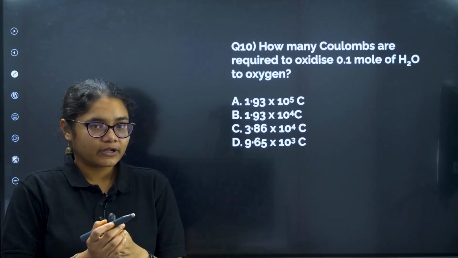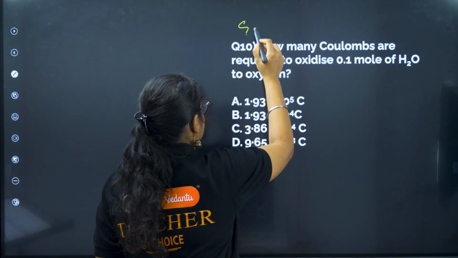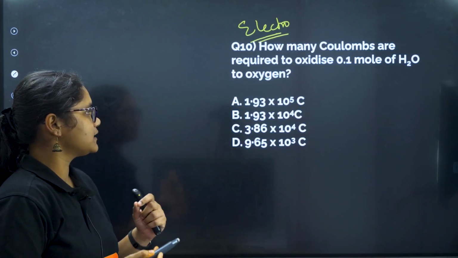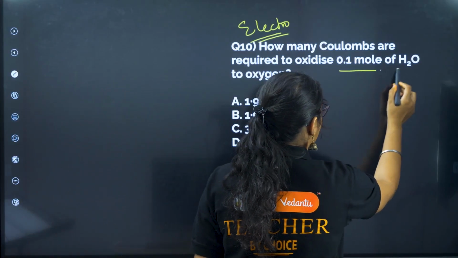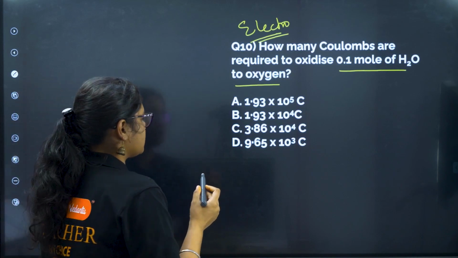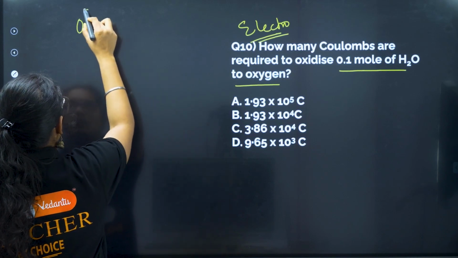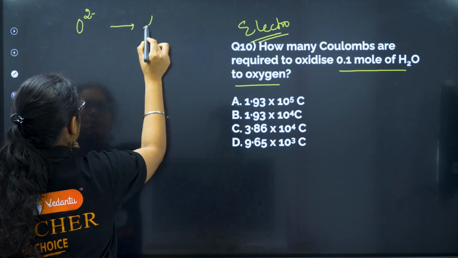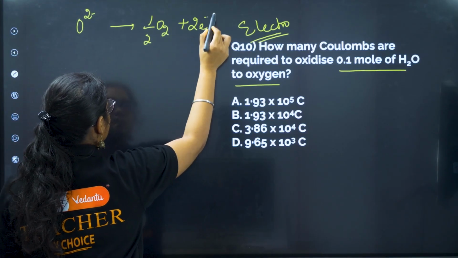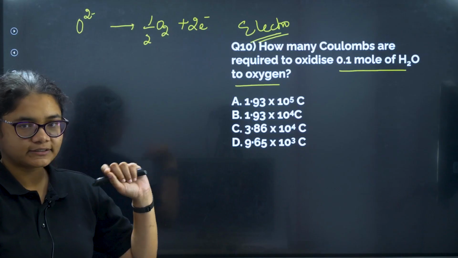Now coming to electrochemistry, question number 10 belongs to your electrochemistry chapter. How many coulombs are required to oxidize 0.1 mole of water to oxygen? If you see in water, what is the state of oxygen? O2 minus will give you half O2 plus 2 electrons, right? I can write the reaction like this.